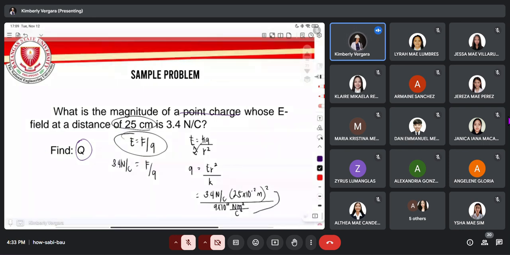Kaya tataas si Coulomb squared, makakancel, may matitira ay si Q.